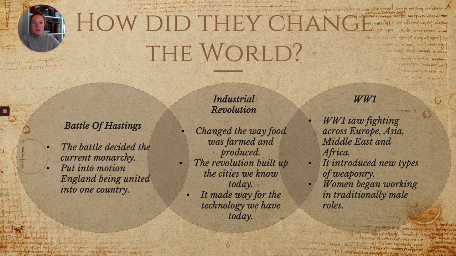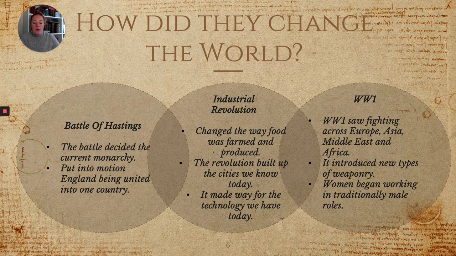Second one, Industrial Revolution. Industrial Revolution changed the way food was farmed and produced, and that's very similar to the way we have food farmed and produced today. Very similar. Okay, the revolution built up cities we know. Cities like Leeds and Manchester, Birmingham wouldn't be as big and as rich and have as many factories as they do today if the Industrial Revolution hadn't happened.